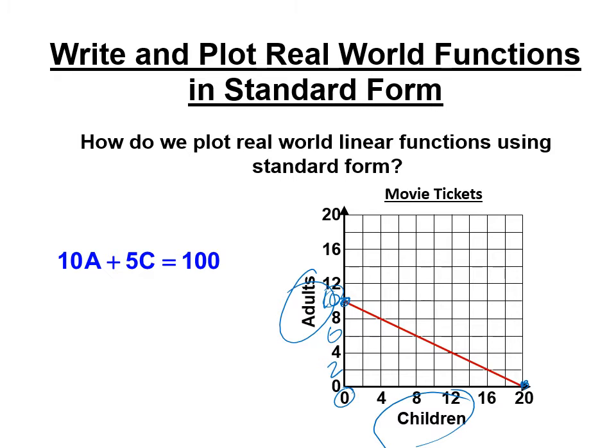Down here, 20 children bought movie tickets and 0 adults. Those are intercepts. And this is a graph of all the possible combinations of adults and children that could have gone to the movies for $100. And that's what this 100 is, and you'll find out in a second.